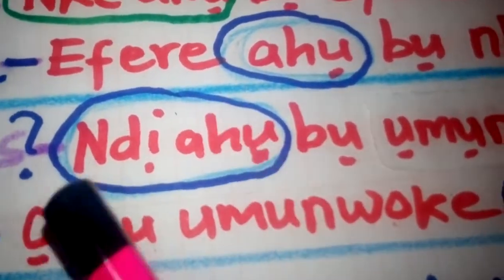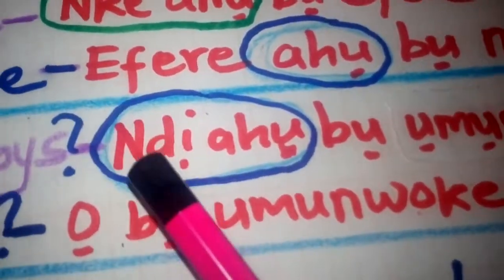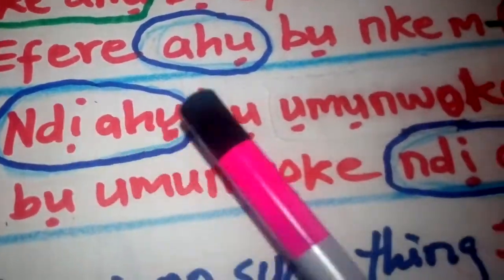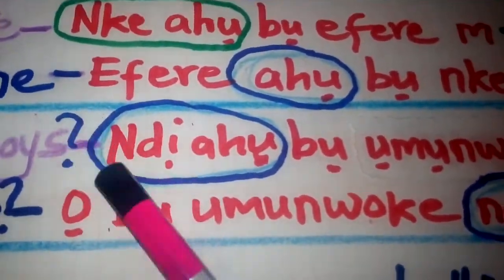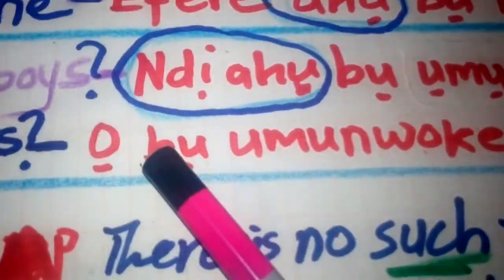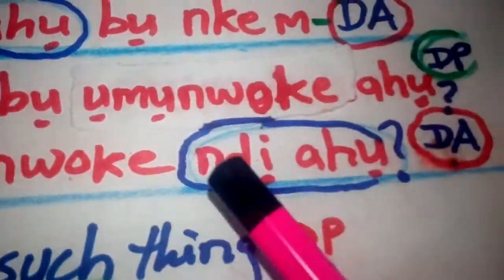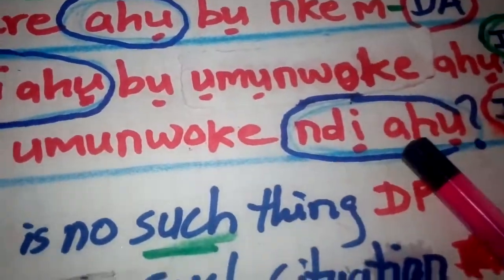You can't say ahụ bụ, because it's starting a sentence, so you must complete it. Ndị ahụ bụ ụmụ nwoke ahụ. You can say ndị ahụ bụ ụmụ nwoke ndị ahụ.